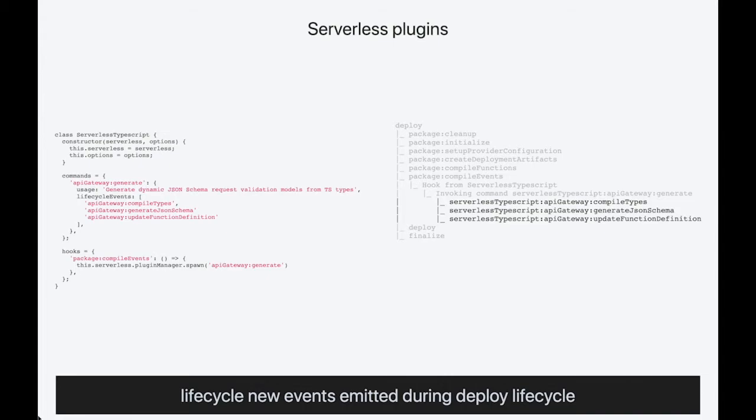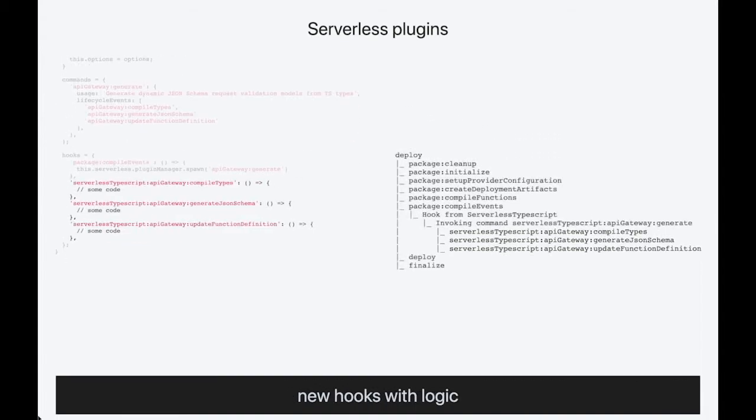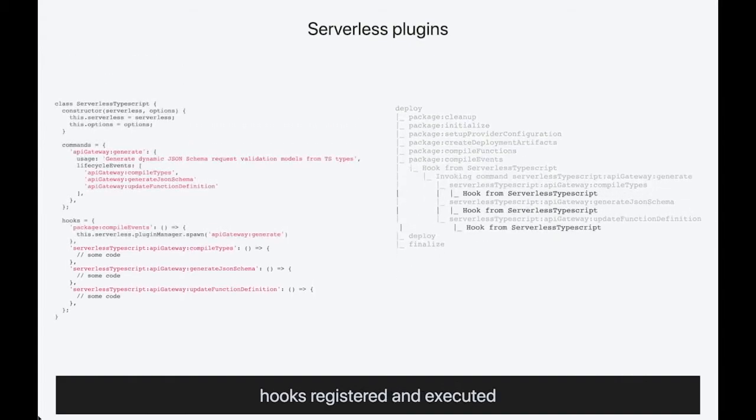The last thing to do is to introduce the code which will do the compile types, generate JSON schema, and update function definition, using the same hooks definition with our custom code logic. Doing so, we will have three different function executions defined within the class ServerlessTypescript, which will be played any time a serverless deploy command is run.